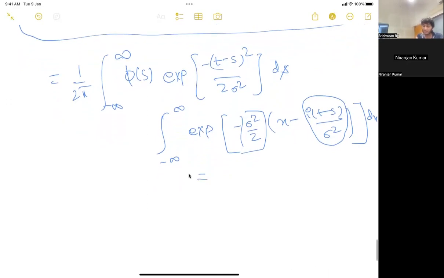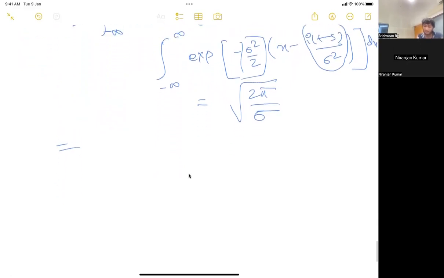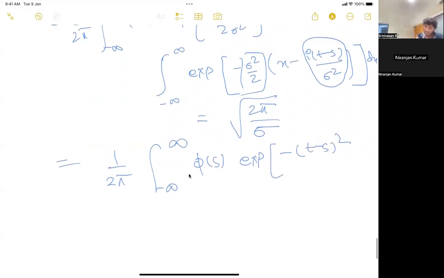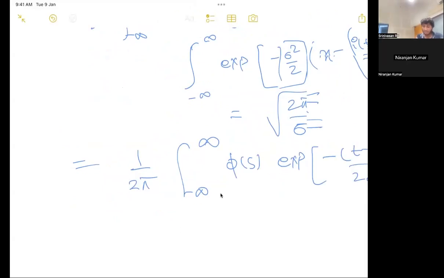So if we change the variables, this will integrate out to square root of 2 pi by sigma. Putting this value there, we'll get 1 over 2 pi times the following quantity: exponential of minus (t minus s) squared by 2 sigma squared ds, and we multiply square root 2 pi by sigma here.